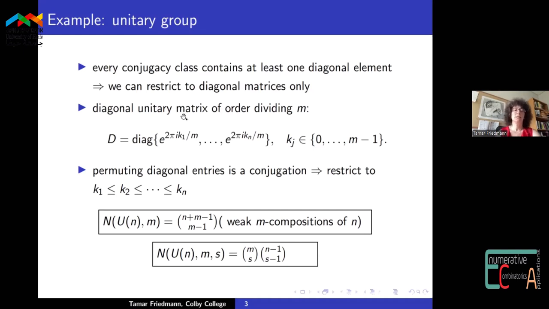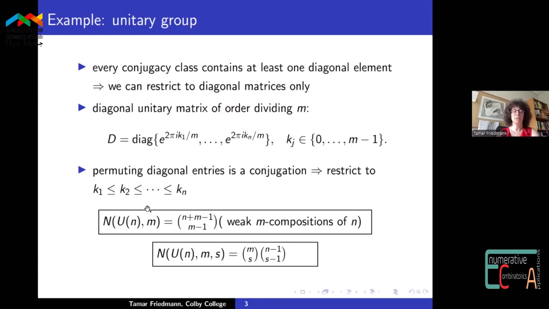Now, what does a diagonal unitary matrix that has order dividing M look like? Well, it's going to have eigenvalues which are Mth roots of unity. Now, it's also the case that if you permute the diagonal entries, you can obtain that action by conjugation. And so we can restrict what we're looking at to diagonal matrices for which the k's are non-decreasing.